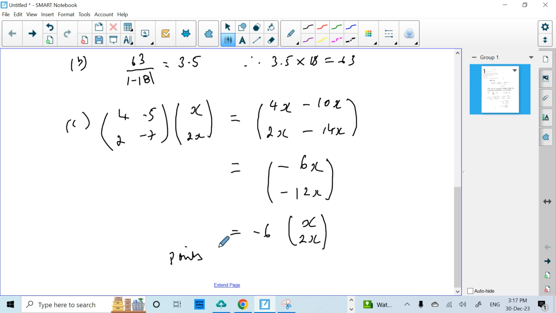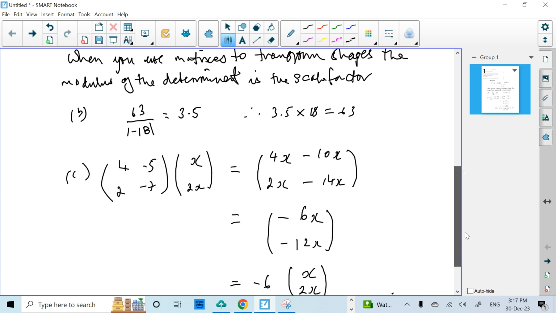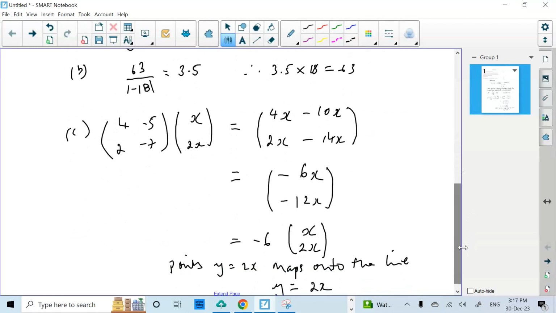This means that points on y equals 2x map onto the line y equals 2x. And I believe that's your 6 marks: 2, 2 and 2.